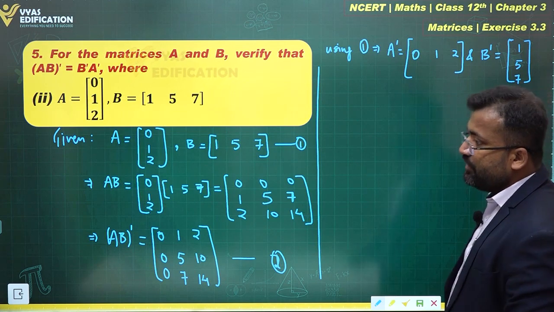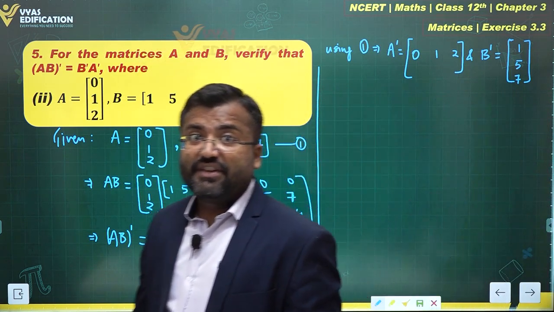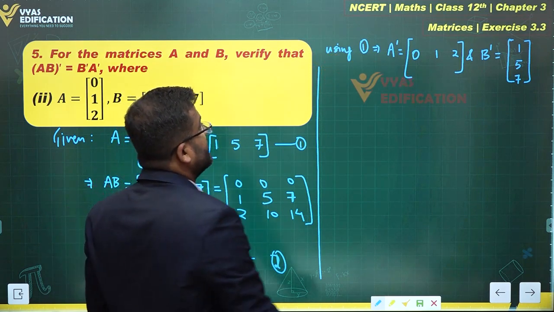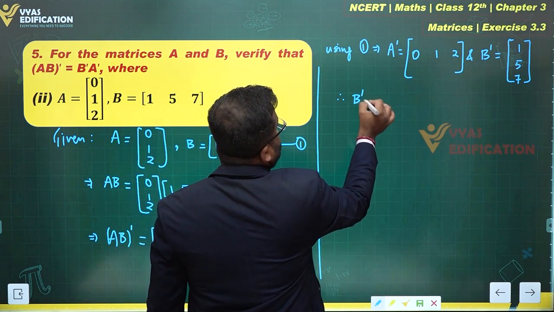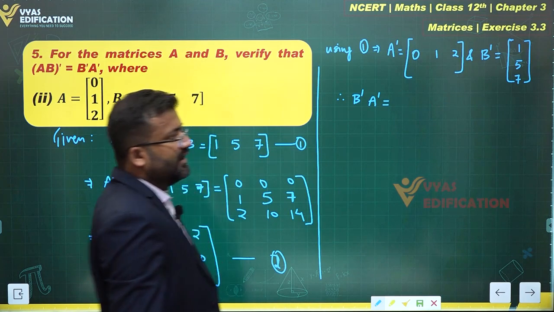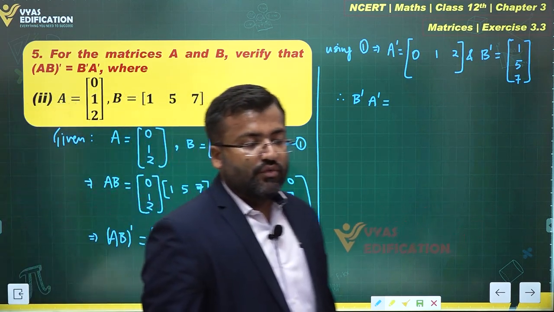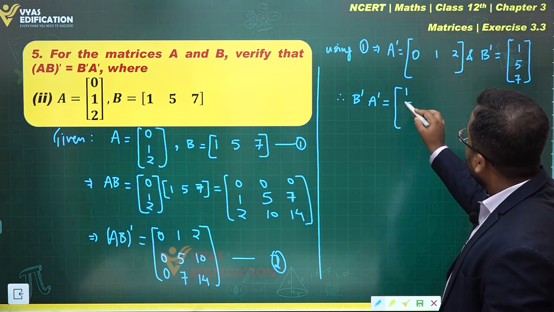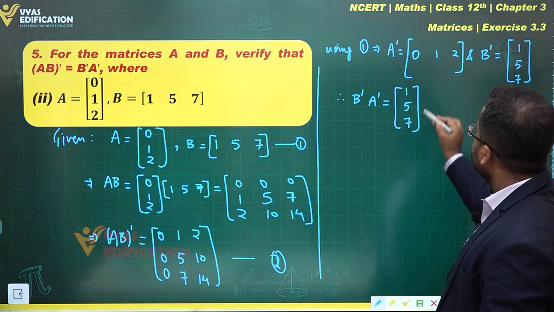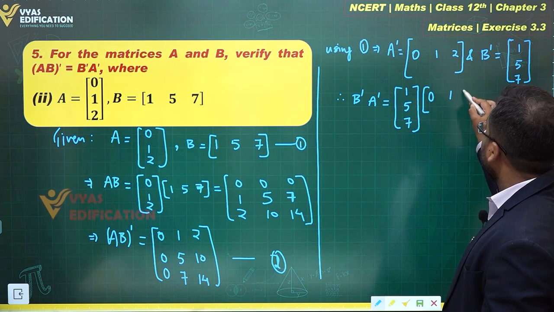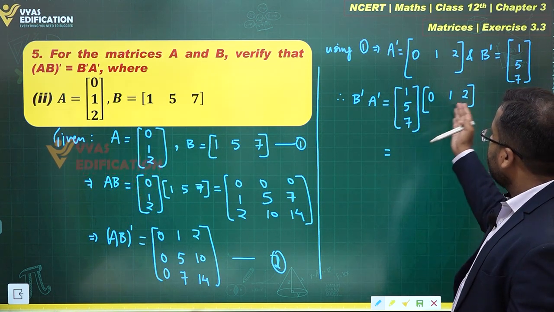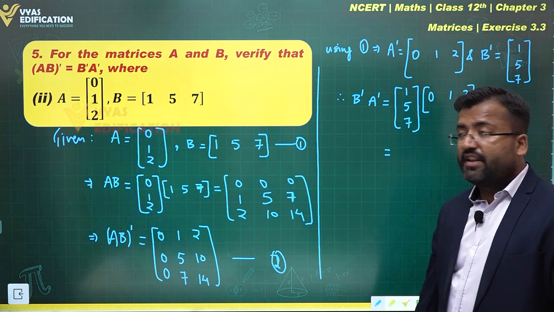After that, we can get B transpose times A transpose. Therefore, the product B transpose A transpose would be equal to what? Let's find that. B transpose is 1, 5, 7. A transpose is 0, 1, 2. And the product can be found very easily. This is 3 by 1, this is 1 by 3. The final product would be a 3 by 3 matrix.